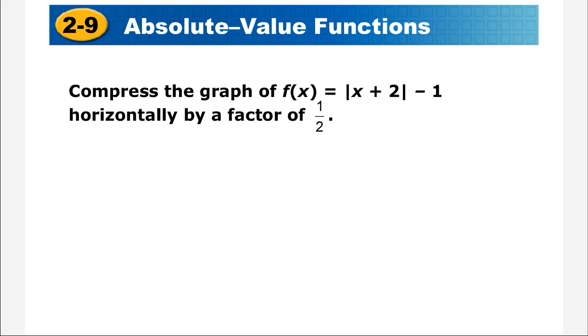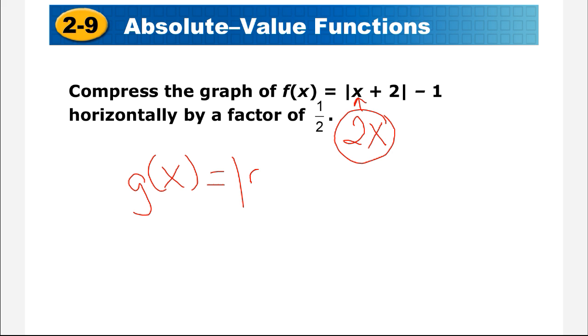Next up, we have a horizontal compression. So a horizontal compression, we multiply x times the reciprocal of 1/2. So that would be 2. So 2x, we're going to just plug that in for the x. So g of x equals the absolute value of 2x plus 2 minus 1.